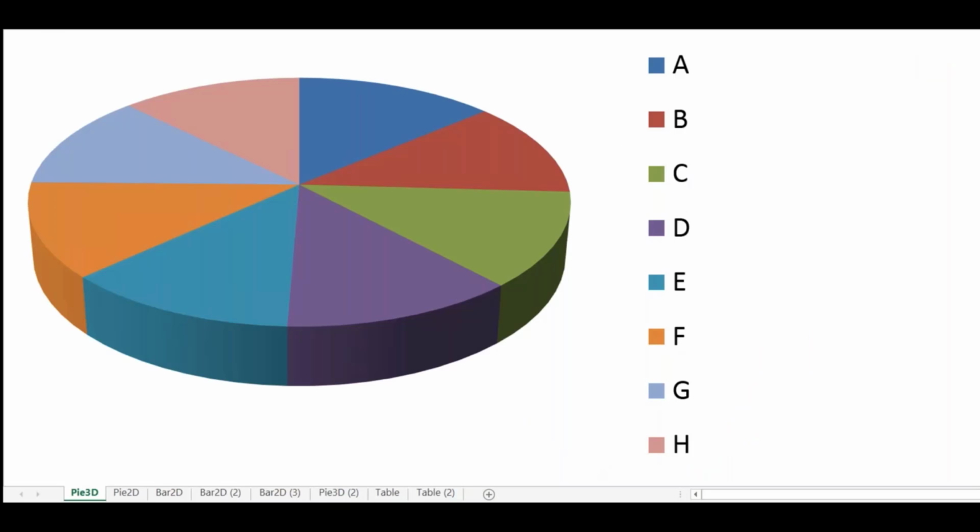The thing is that sometimes people use pie charts for different things, like comparing values. And what I prepared here is a pie chart showing 8 different things. Let's say this is 8 different products. And I want you to find out which of the products is the biggest one.